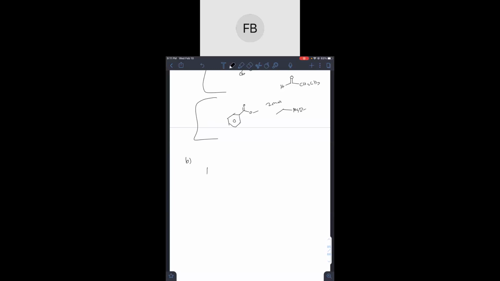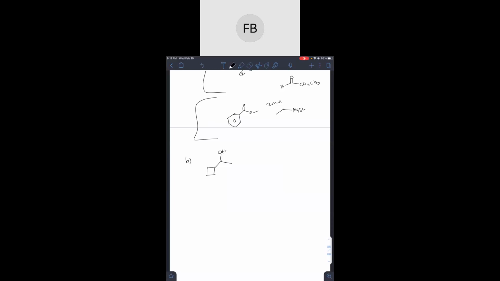All right, let's tackle this last one. So this is a secondary alcohol, so we know that it would come from a primary ketone or less than primary, possibly. What I mean by that is, our rule that we talked about, we had to revise it a little bit. So this could come from primary or less.